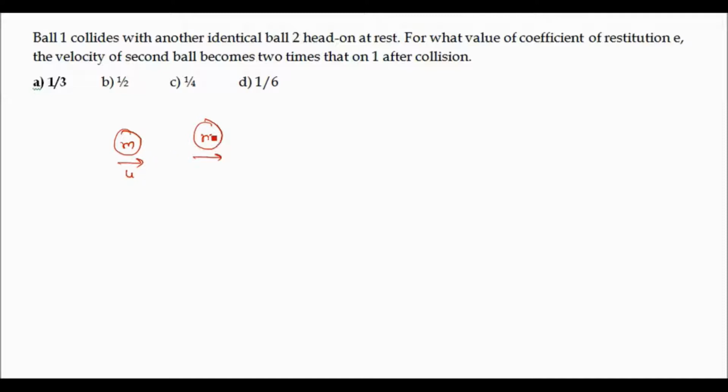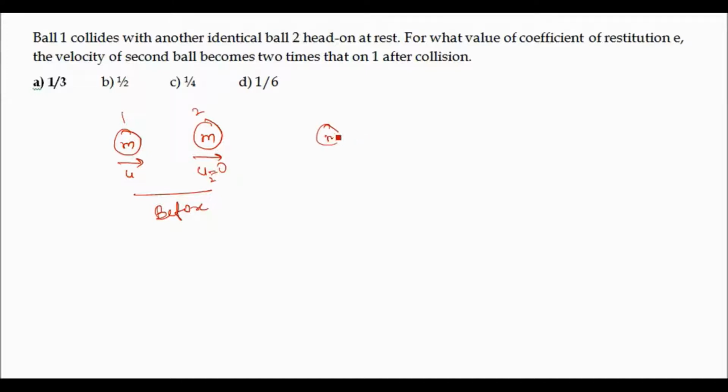This is our ball 1, this is our ball 2. Ball 2 is at rest, so we keep its velocity equal to 0. And this is the case before collision. After collision, it's given that velocity of second ball becomes 2 times that of the first ball.